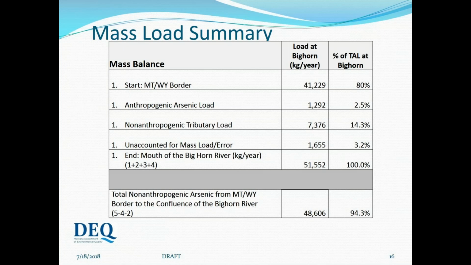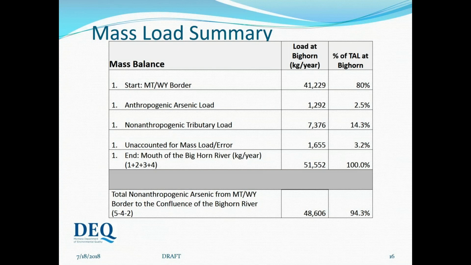Well, it came from the anthropogenic arsenic load, as we discussed before, but that only accounts for 2.5% of the arsenic that ends up at the Bighorn River. The other, larger percentage, 14.3% of the load, is actually from tributaries, but it's a non-anthropogenic load. The anthropogenic arsenic load is actually included in the anthropogenic arsenic load.